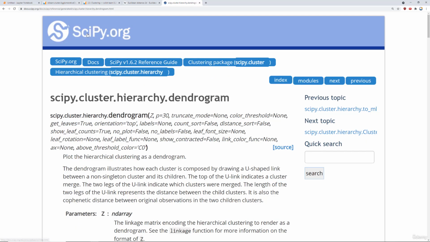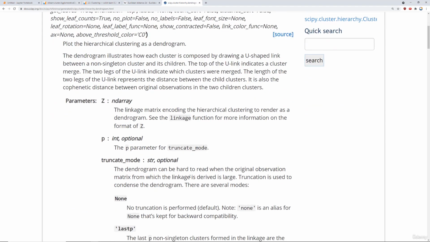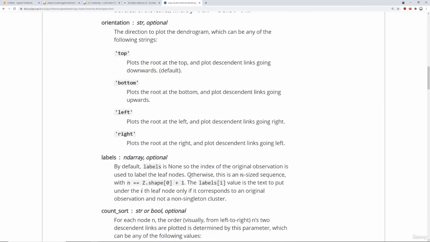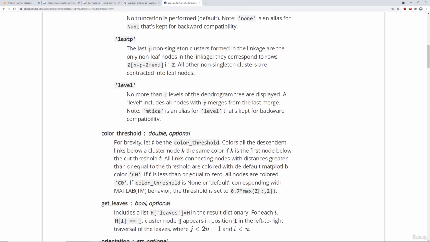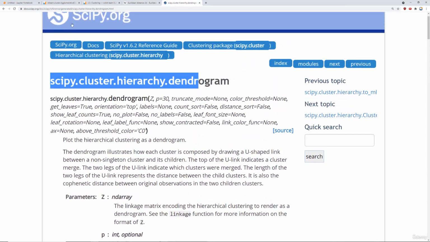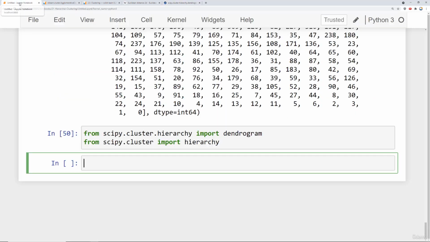You can come to the SciPy documentation, check out scipy.cluster.hierarchy.dendrogram, and get an understanding of what this is showing. But really, it's just going to be a matrix showing the two clusters, the distance between them, and then their closest other cluster assignment. Which means I can say linkage_matrix is equal to, I'm going to call hierarchy.linkage.